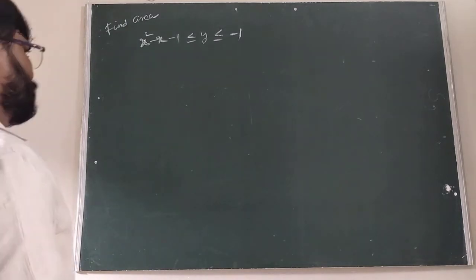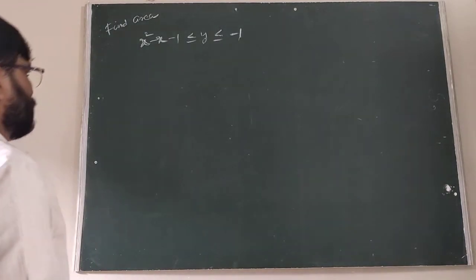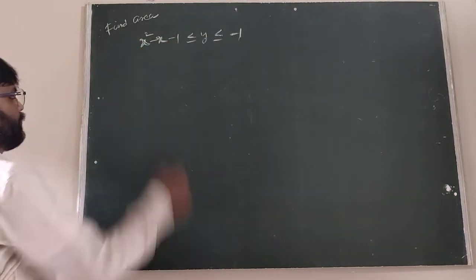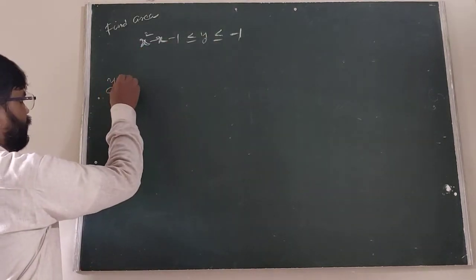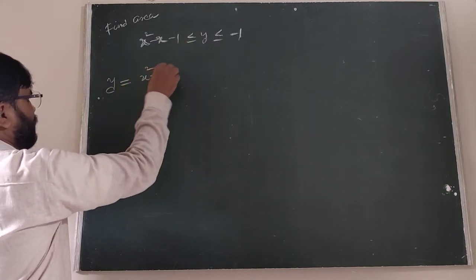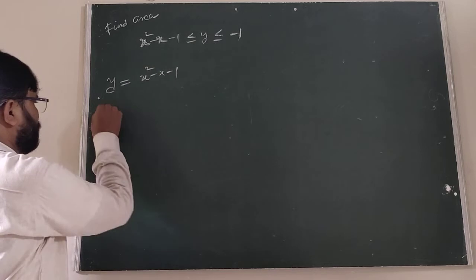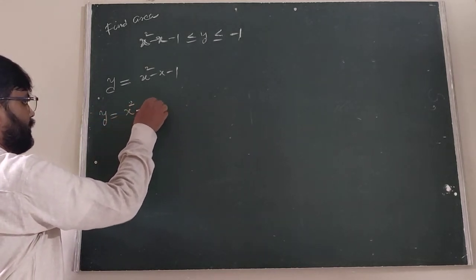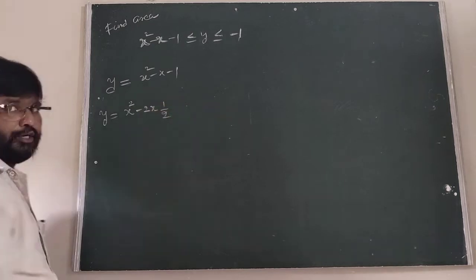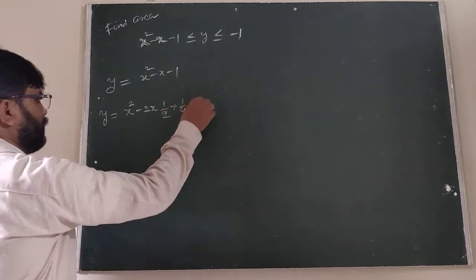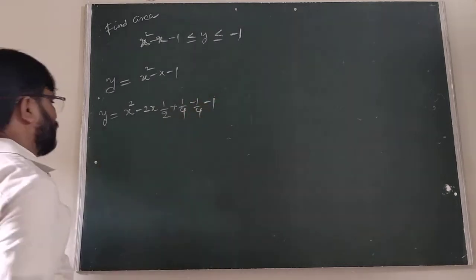Dear students, first we take the parabola. Suppose we take y equal to x square minus x minus 1. This is x square minus 2ab, taking a into 1 by 2, and b square is 1 by 4, minus 1 by 4 minus 1.